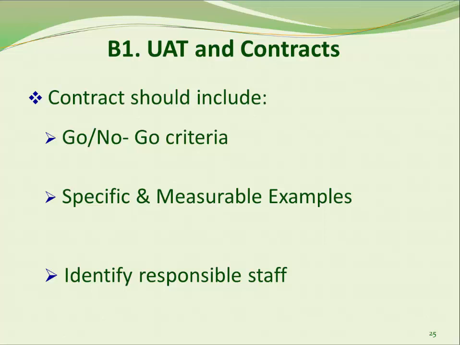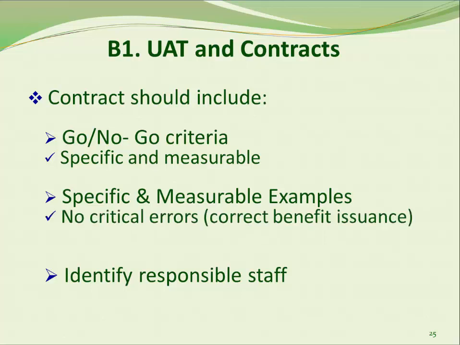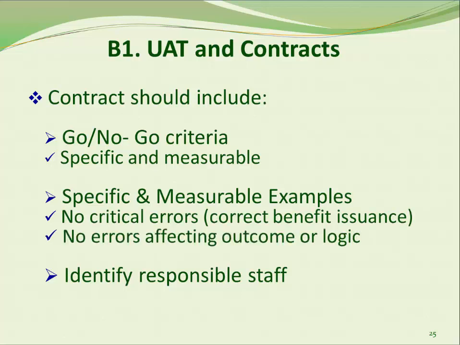Go, no-go decision criteria should be well defined. By that, we mean specific and measurable, with results that will need to be met before the state agency exits the testing phase. Examples of specific and measurable criteria to achieve a go could be no critical errors, such as are benefits determined correctly, or no errors that affect the logic or outcome of the process or function.